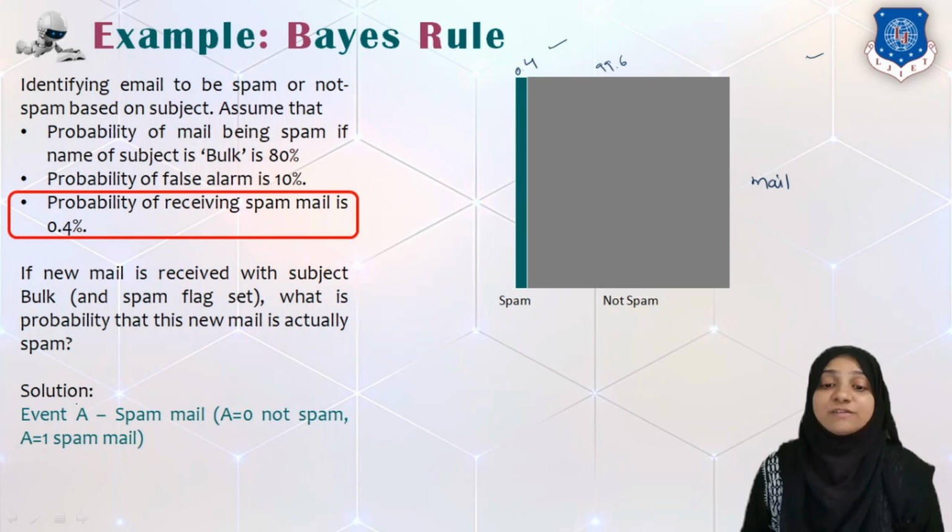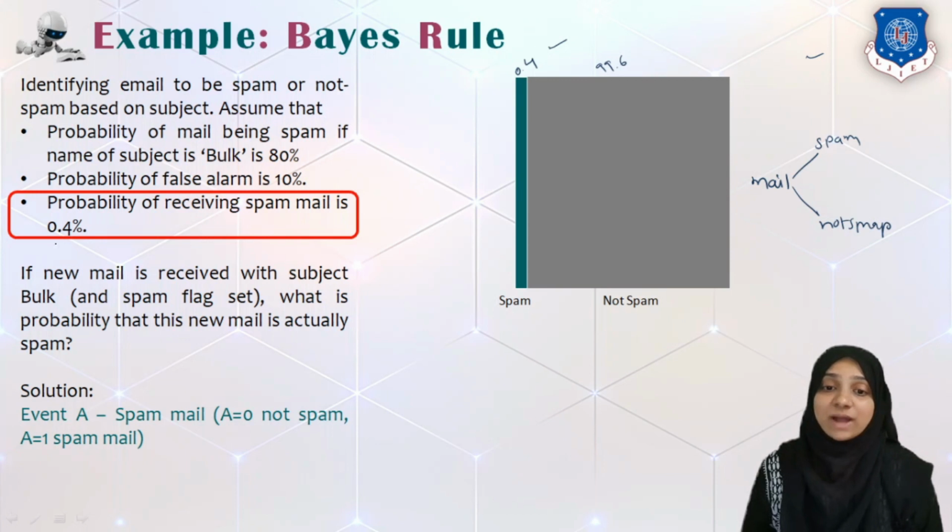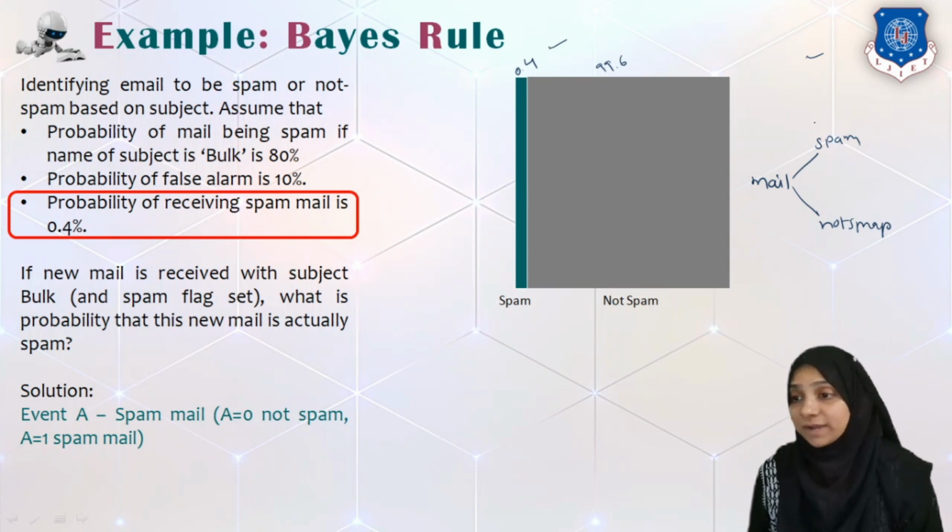This is the distribution of event A. So I can write that a mail can be of spam type or of not spam type. From the value I can see that 0.4% are spam, so 99.6% of mails will be of not spam type.